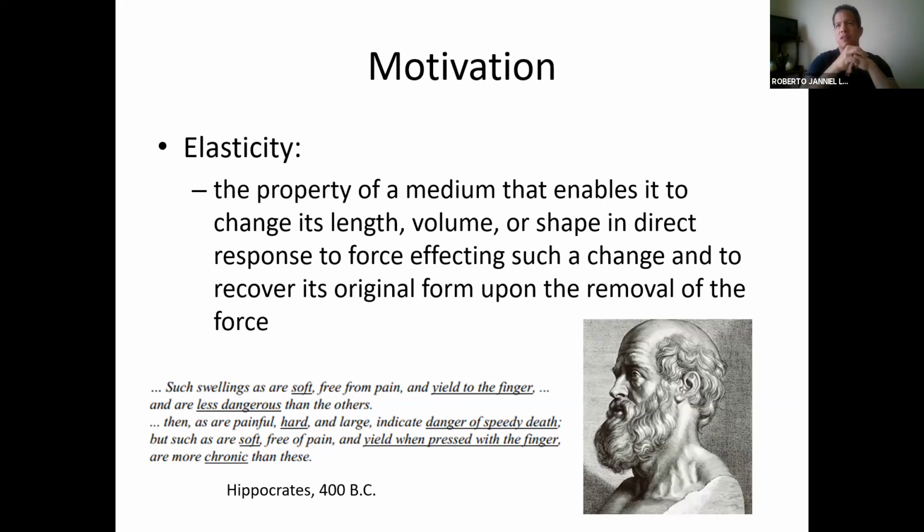So for example, if I have a sphere made of glass, I can shatter it, but it won't reconstruct after I remove the force that shattered it, right? So that's not our idea of what elasticity is.